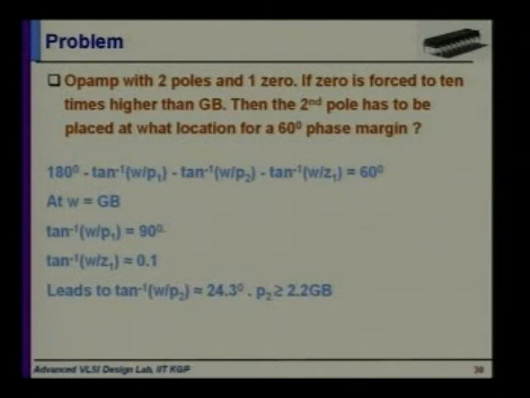This tan of omega by Z1 becomes 0.1, and that is being inverted.